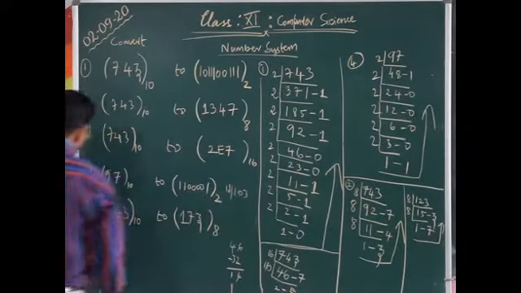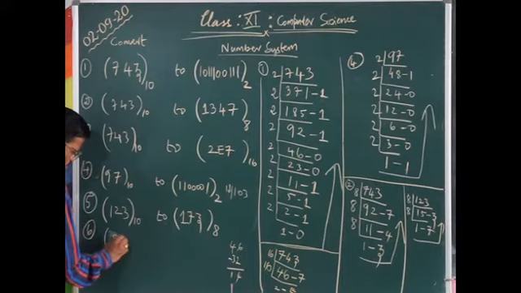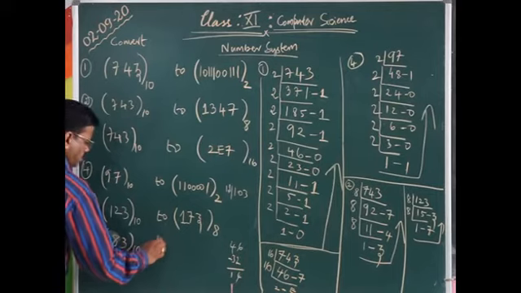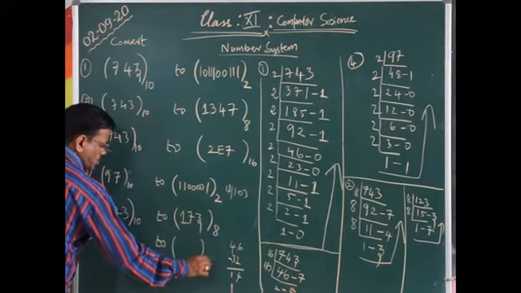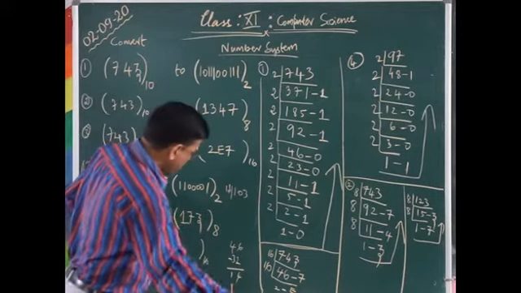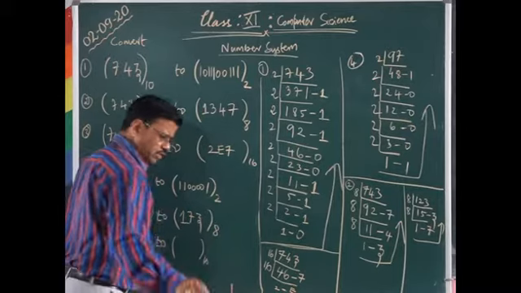Which number do you want? Okay, let me say 83 of decimal to hexadecimal. I will do it here only.